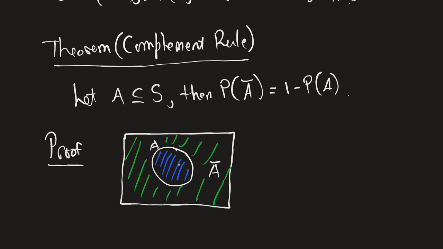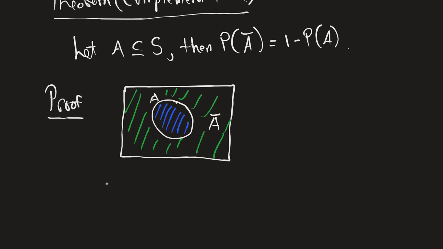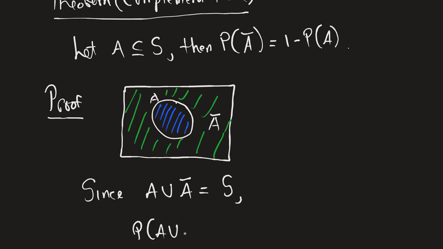Because either it's inside of A or not in A. So since A union its complement is equal to the sample space, what if I took the probability of both sides? Then the probability of A union A complement will be the probability of S.